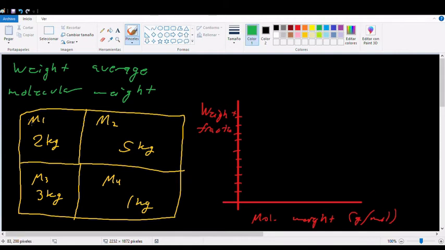And we have the first one represents 20%, and the second one represents half. Then the third one represents 30%, and the last one just 10%. And we use a similar equation.